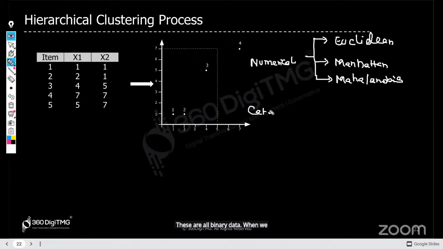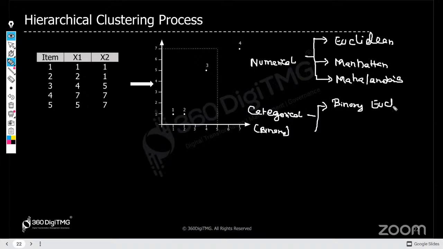When we are having categorical binary data, we will go with binary Euclidean distance, simple matching coefficient, and then Jaccard's index.